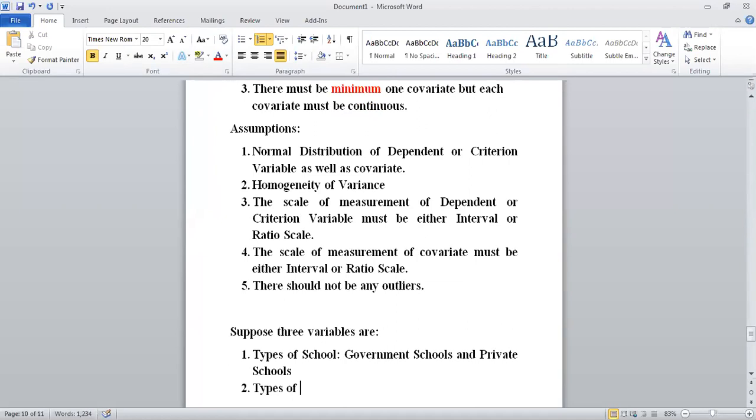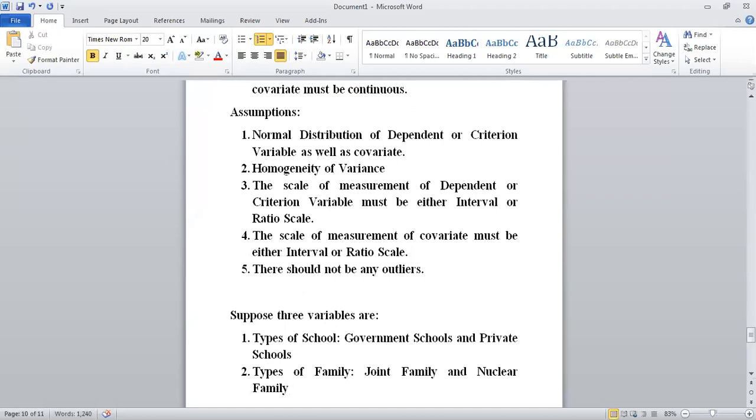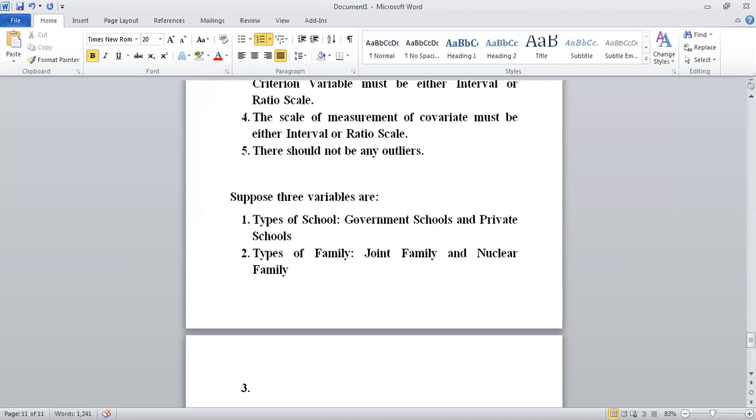The types of family can be the joint family and another will be nuclear family. These are the two types of families.